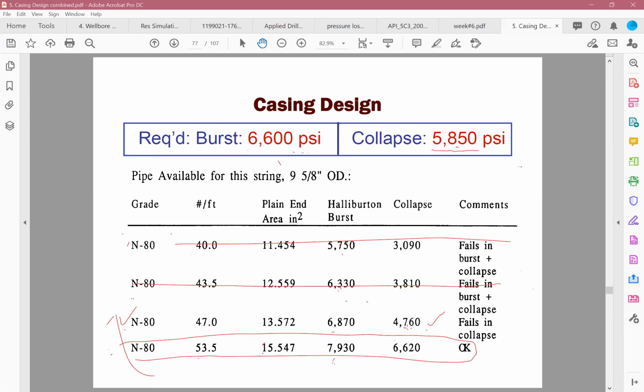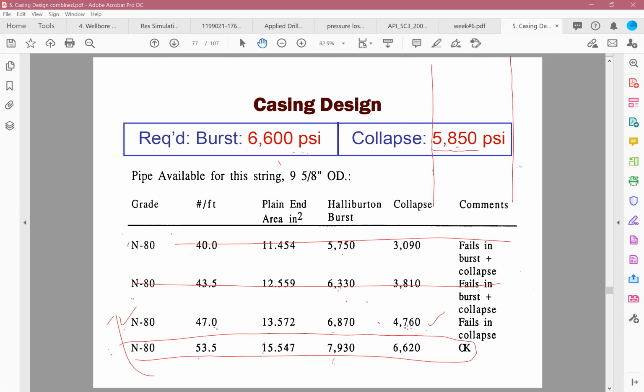There is a chance that I can use the 47 pound per foot casing up to some specific depth, which satisfies my collapse and burst requirements, and I can use the higher grade casing for the rest of my wellbore at the bottom. So I should have a structure like this.